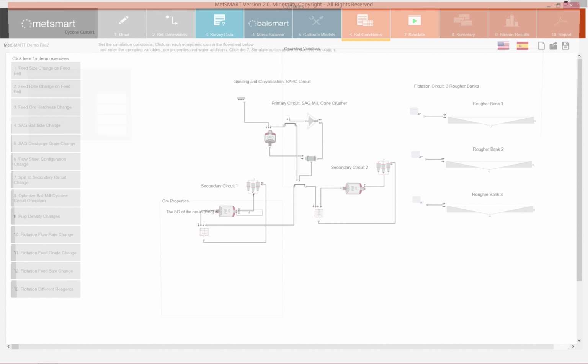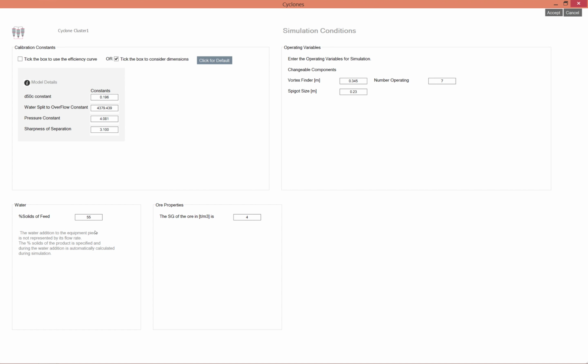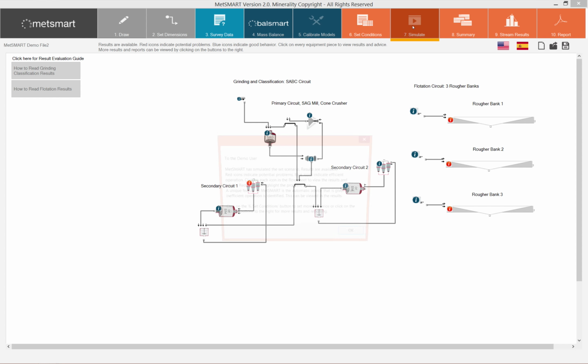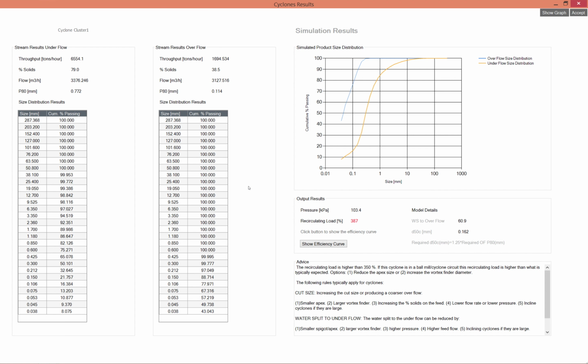So let's look at the upper extreme of the percent solids on the feed. So if I'm operating at 65% solids, I will have a problem in my cyclone at this operation.